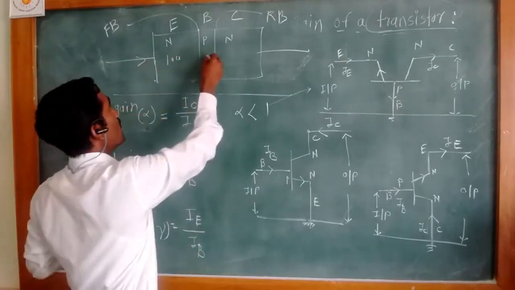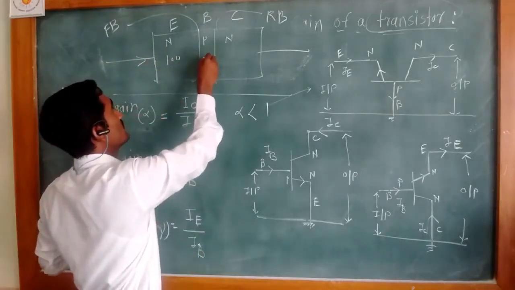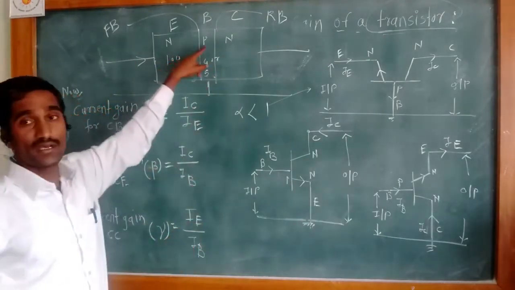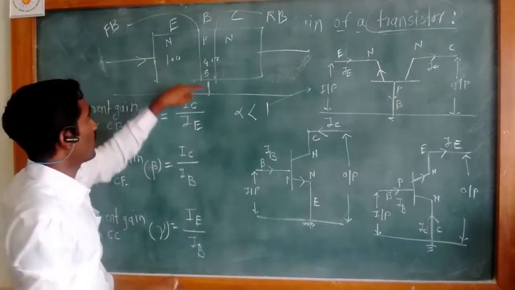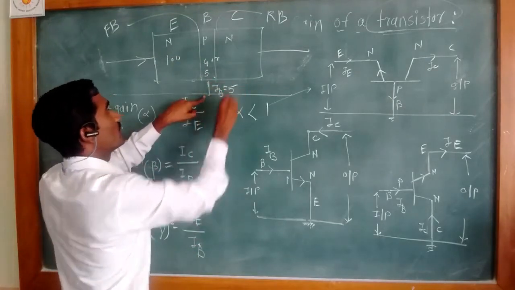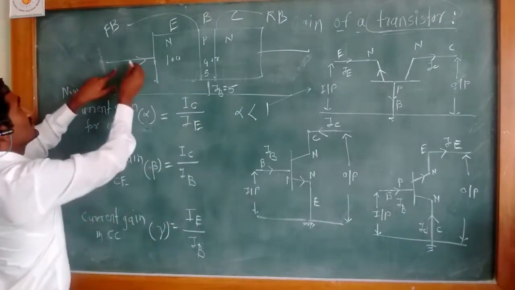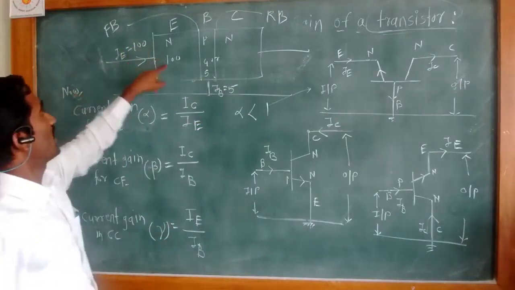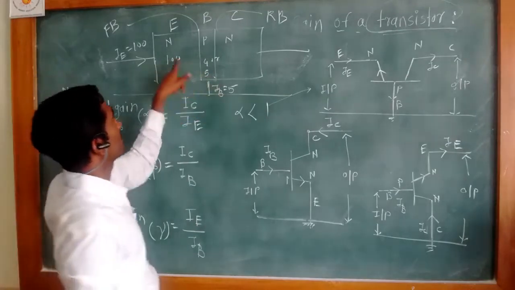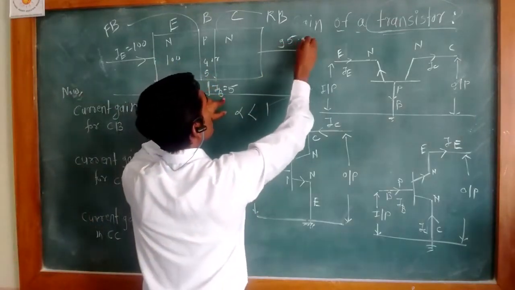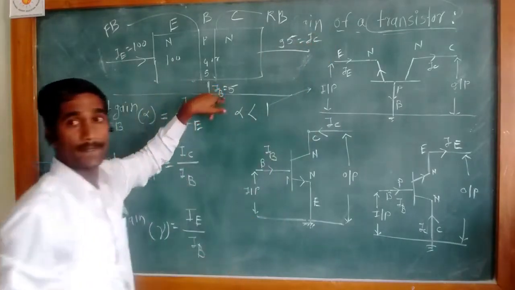Out of these, 4 or 5 electrons recombine with the holes and form the base current. So IB is 5 and IE is 100. Out of the 100, 5 go to the base, and the remaining 95 form the collector current, IC.